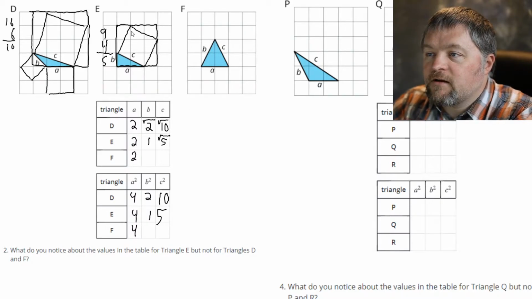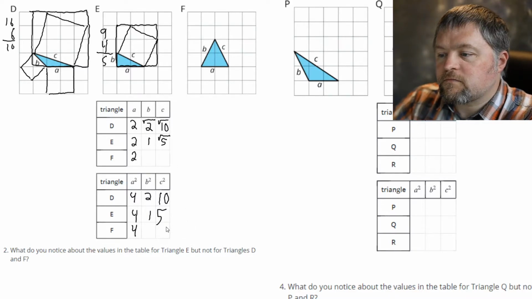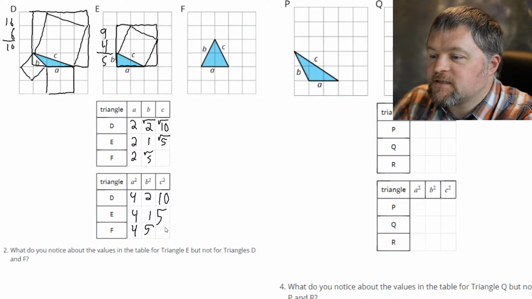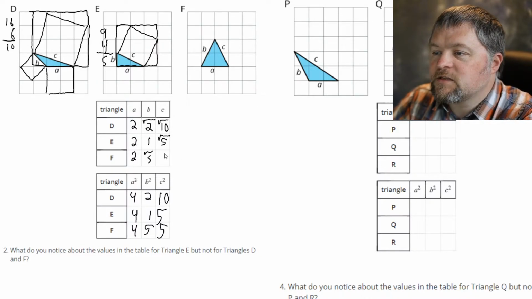This square is the same as this square, which means it has an area of 5 units and a side length of the square root of 5. Side C is the same. That will be 5 units, and this will be the square root of 5.